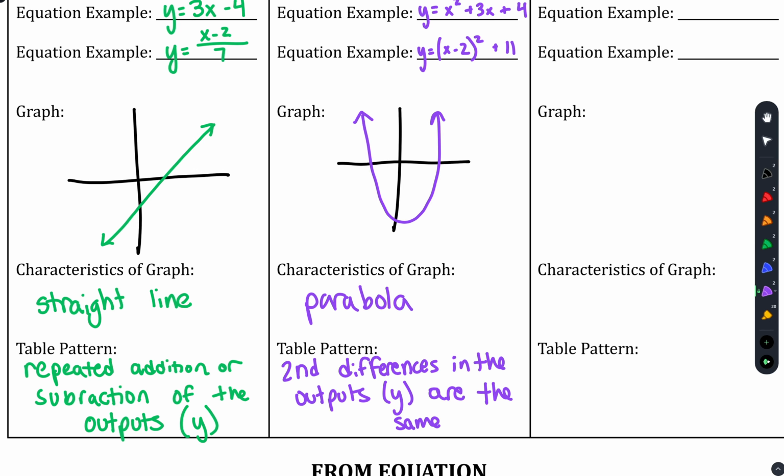So let's take a look at A. And I want you to raise your hands, please. Letter A. What do we think? Linear, quadratic, or exponential? Cody? Perfect. Letter B. Jacob? That one's linear. We have an exponent of 1. Okay. C?